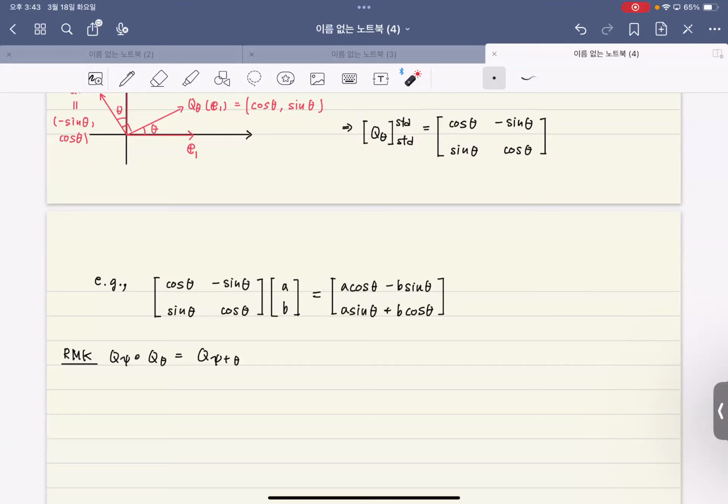If you compose these two rotations, then obviously the answer is Q of psi plus theta, right? You rotate by theta and rotate by psi, then practically you're rotating by psi plus theta. But if you really want to prove the statement, then maybe you can try it like this.